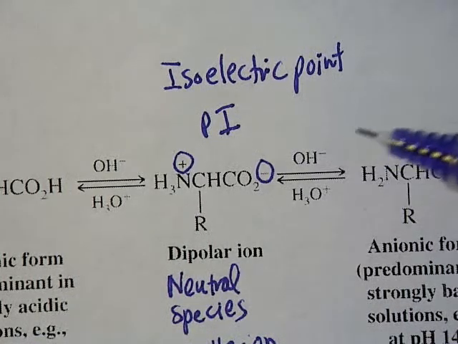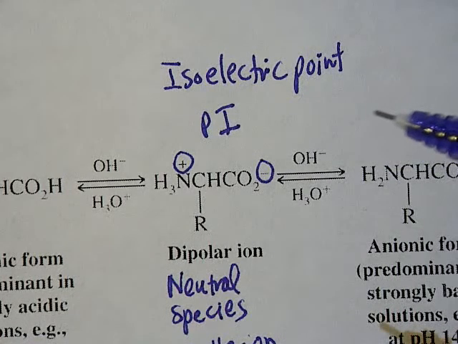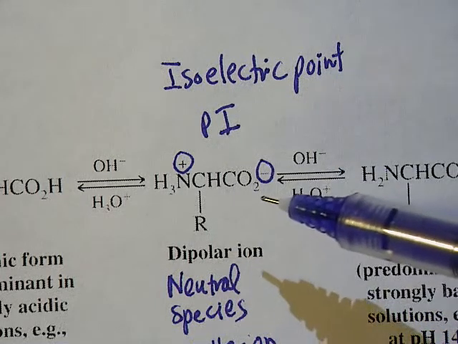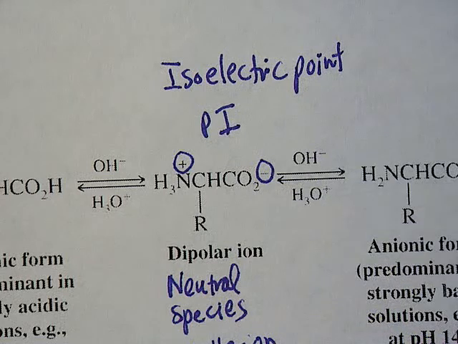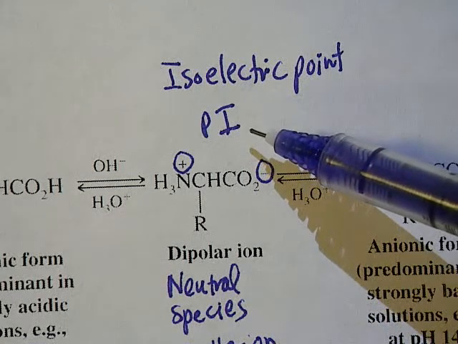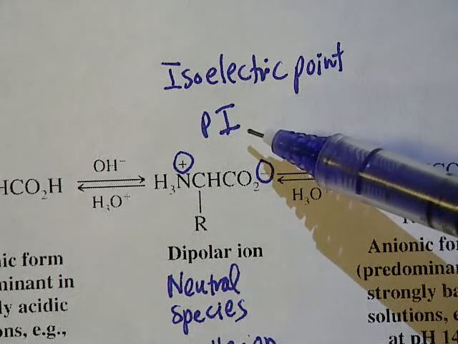Each amino acid has a different pI, and your book shows you how the pI is calculated. For most amino acids, it looks at the pKa of the carboxylic acid and the pKa of the amine, and then takes the average of the two, and that's how they arrive at the number for pI.